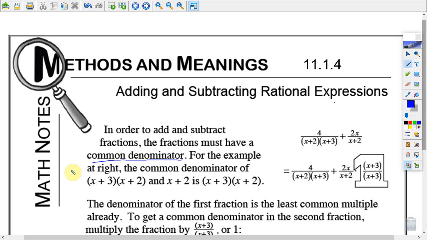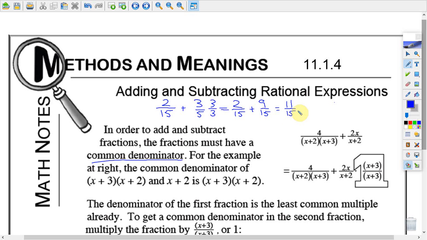So if you had something like 2/15 plus 3/5, and you wanted to add those together, you would have to change this 5 to a 15, and you would do that by multiplying the top and bottom of the fraction by 3, which would then lead to 2/15 plus 9/15. And now you can add the top and leave the denominator alone, or 11/15.